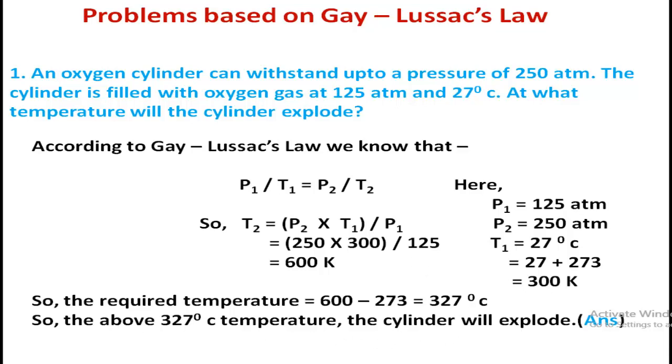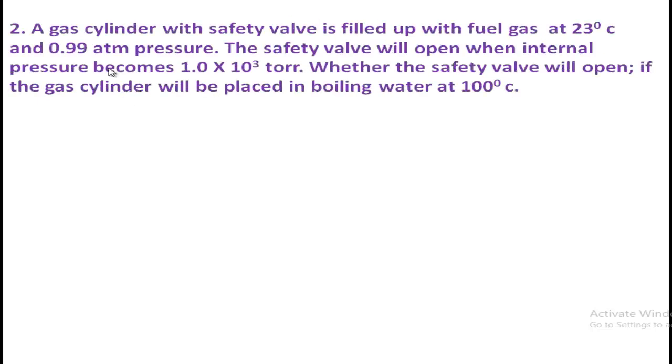Now follow the next math. A gas cylinder with a safety valve is filled up with fuel gas at 23 degrees centigrade and 0.99 atmospheric pressure. The safety valve will open when the internal pressure becomes 1000 torr.